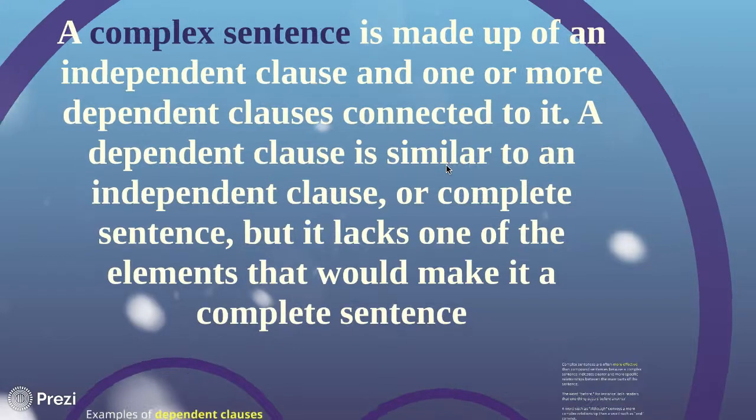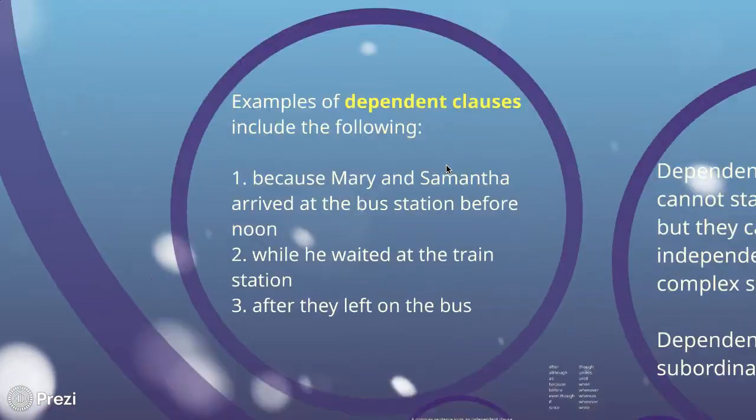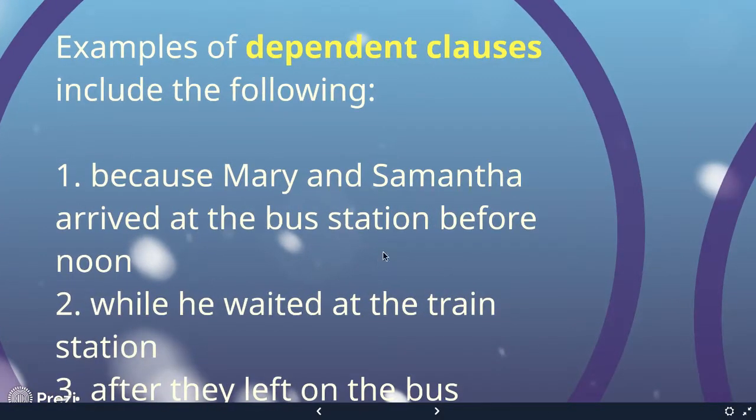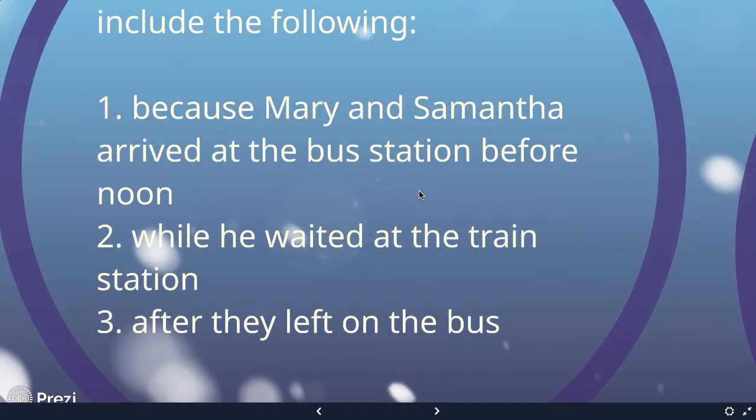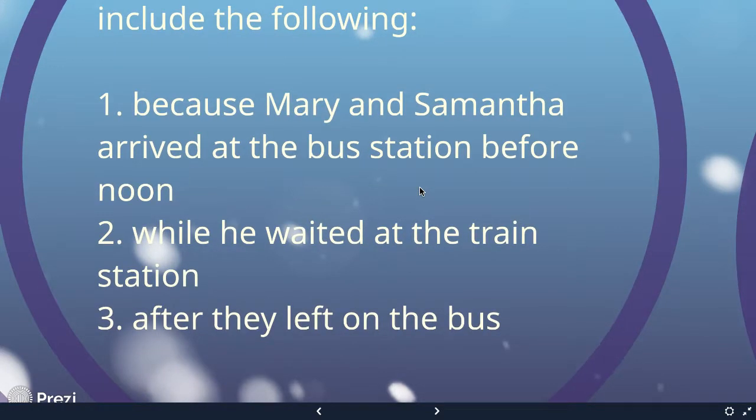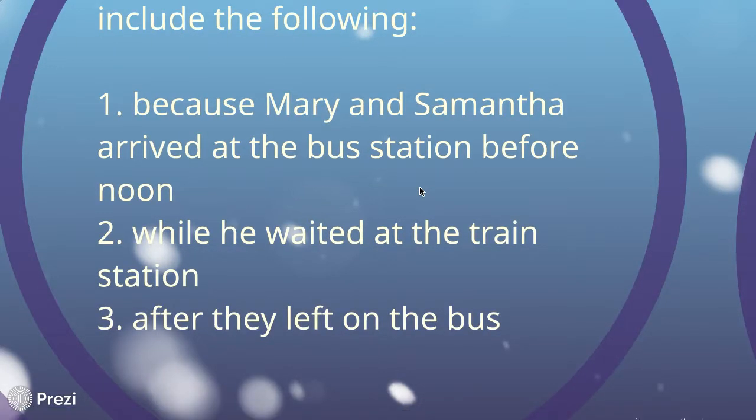Some examples now of dependent clauses. They are going to have these, and I'll raise it up here so you can see them better if you're sitting in the back. They have what's called subordinating conjunctions with them. So we're taking that simple sentence we had before: Mary and Samantha arrived at the bus station before noon. Joe waited at the train station.